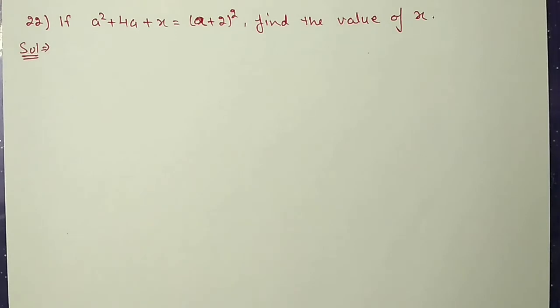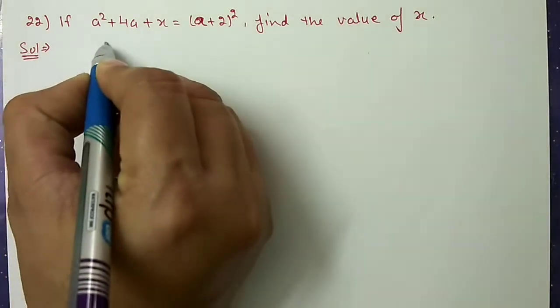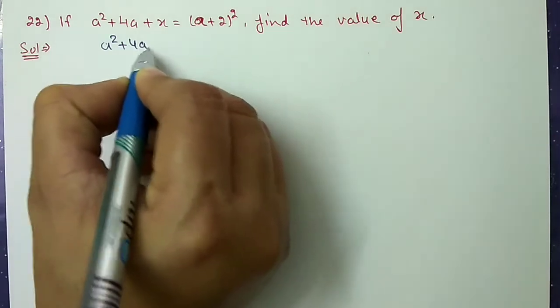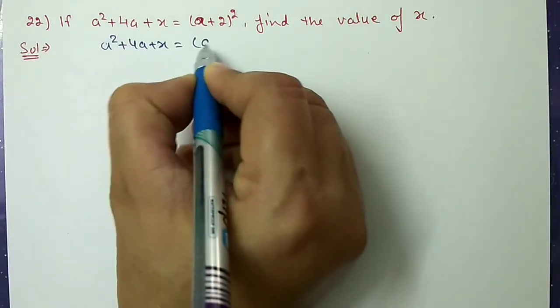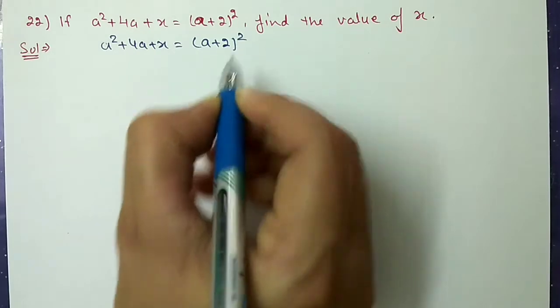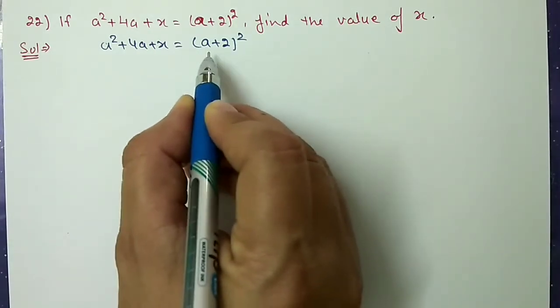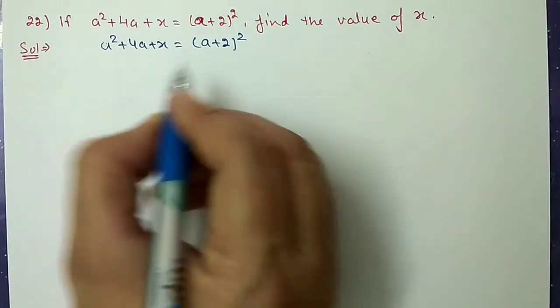Next question number 22. If a square plus 4a plus x is equal to (a plus 2) whole square, find the value of x. So we have two sides here, a square plus 4a plus x, which is equal to (a plus 2) whole square. So this right side with the help of (x plus y) whole square formula we can expand.